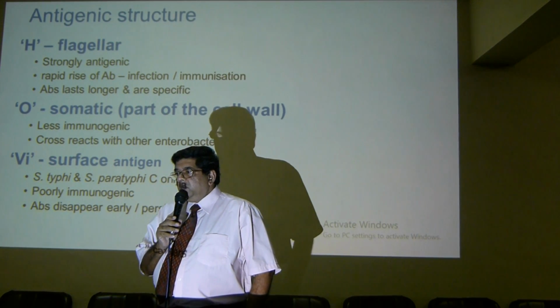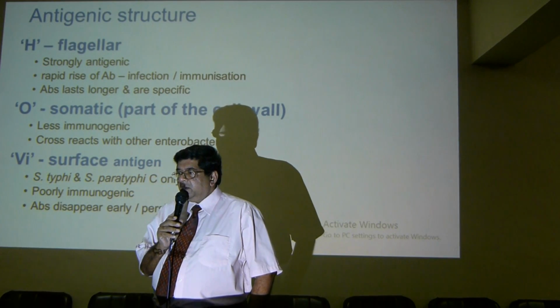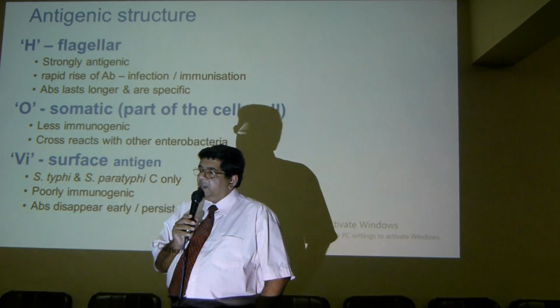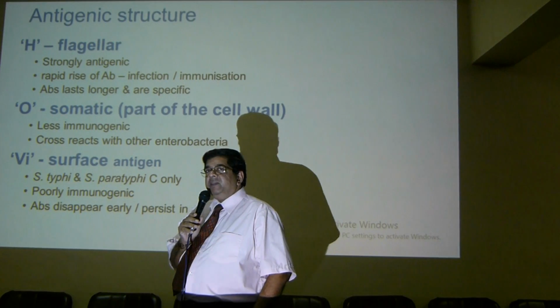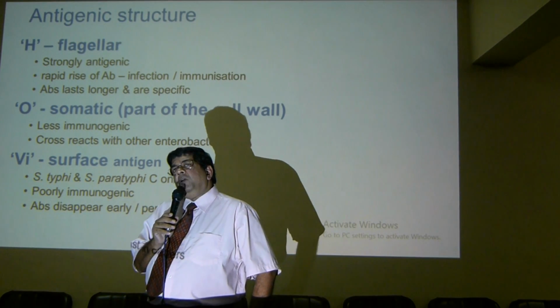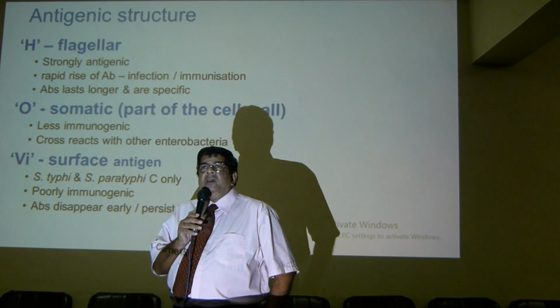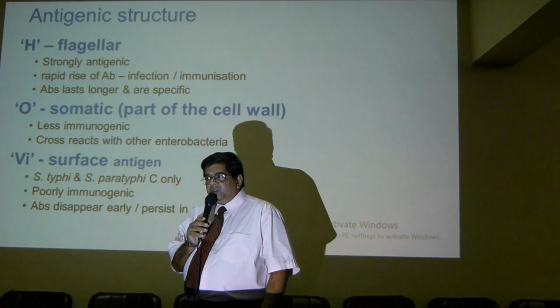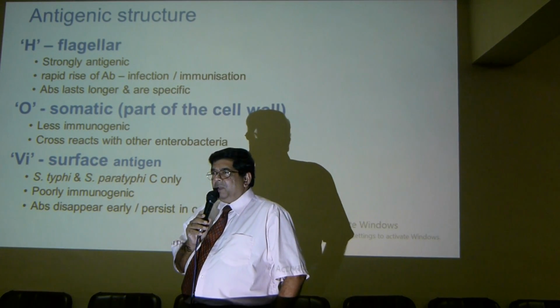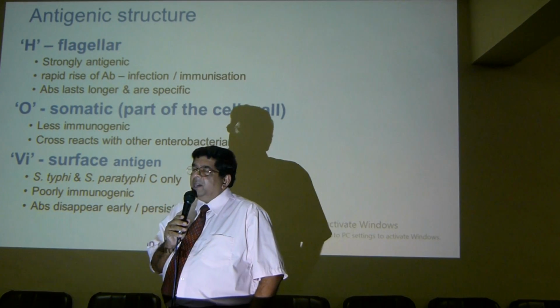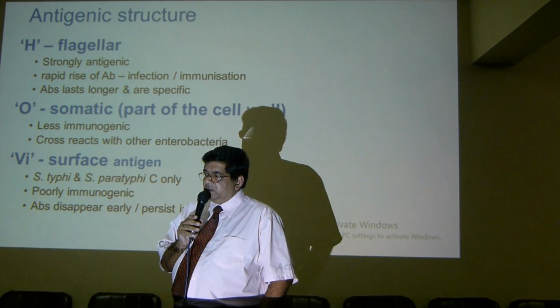The cell wall polysaccharide, or somatic antigen, is less immunogenic and also cross-reacts with some other Enterobacteriaceae. Therefore there is a problem in interpretation of serological results.